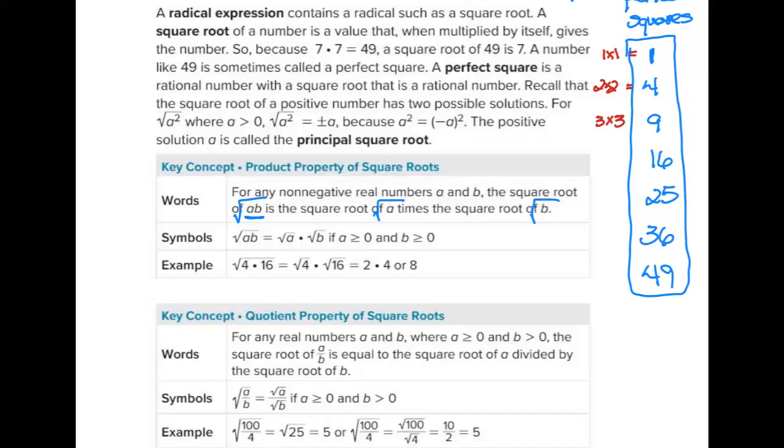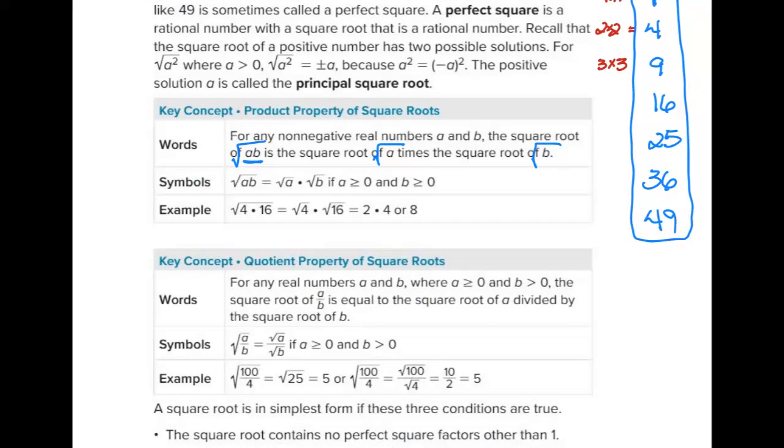So in symbols, the square root of AB is square root of A times square root of B, where A and B cannot be equal to 0. So if you multiply two values together, the square root of 4 times 16, we can break those up separately.